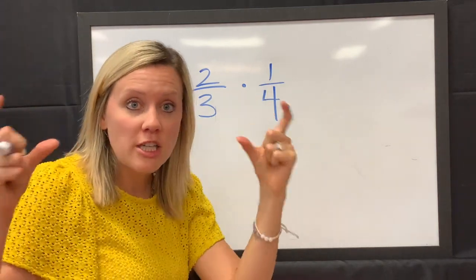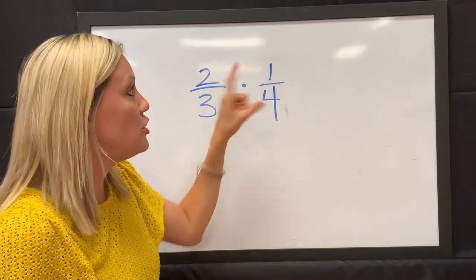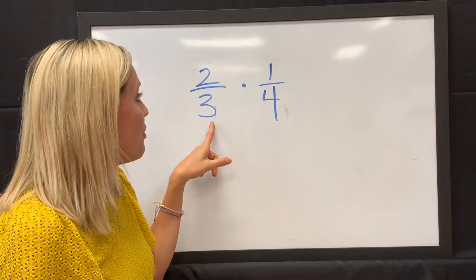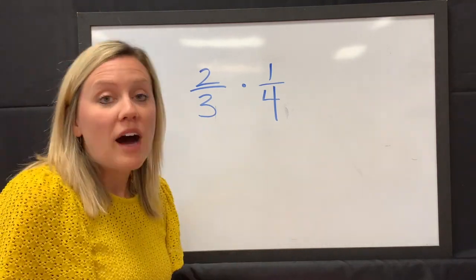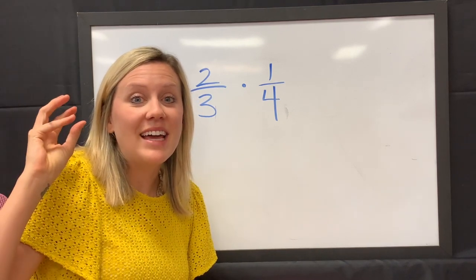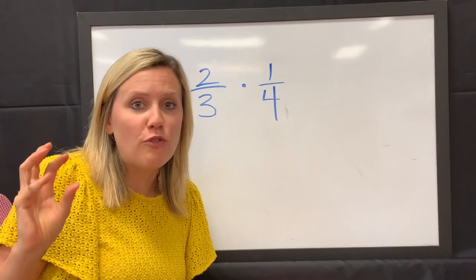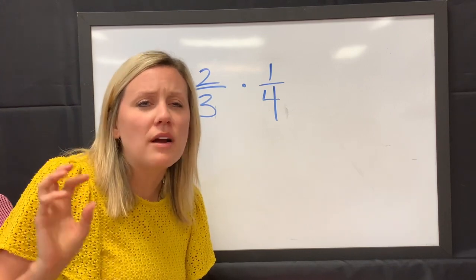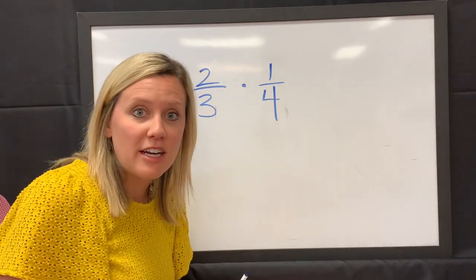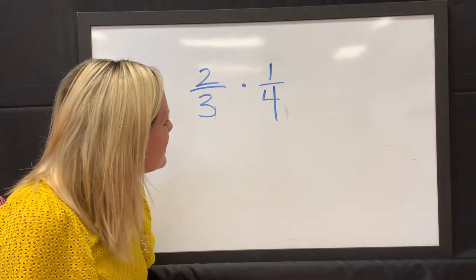Remember, numerators are the top, denominators are the bottom. And I'm going to compare those numerators with one of my denominators. My denominators are 3 and 4. So I am going to look for one numerator and one denominator that can reduce before I multiply. So I'm looking for a number that can go into one of these numerators and one of these denominators evenly besides 1.